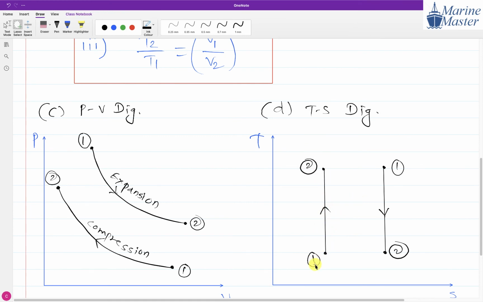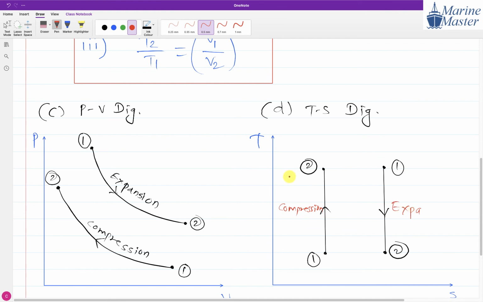Temperature is increasing here. In which case is temperature going to increase, compression or expansion? In compression. So this scenario is compression. And in case of expansion, what is going to decrease?